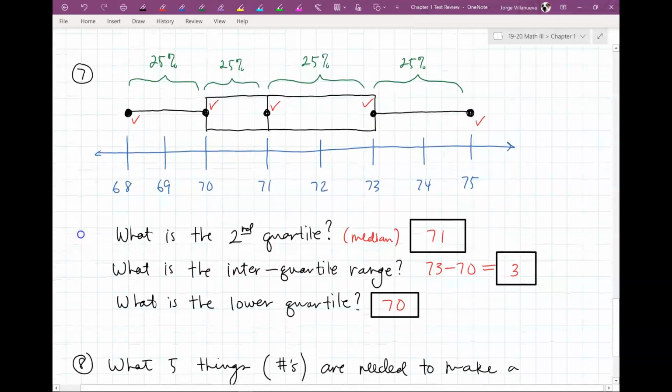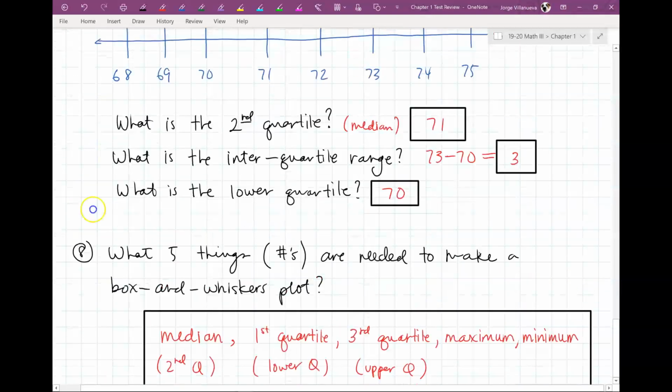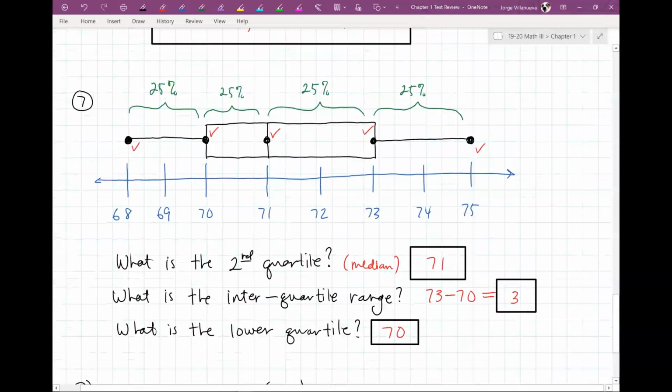So, if I were to ask you, how much information is held in here? What would you say? 50%, right? So that would hold 50% of your information.